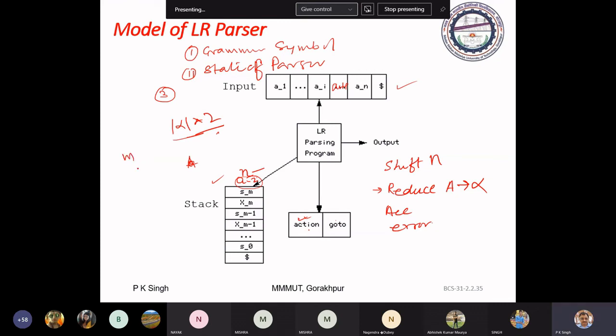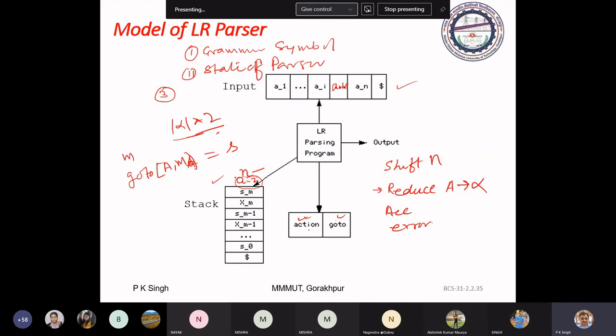Then we push in A and refer to the goto field. In the goto field you will have goto of A, m. Suppose here s is written, a state number.